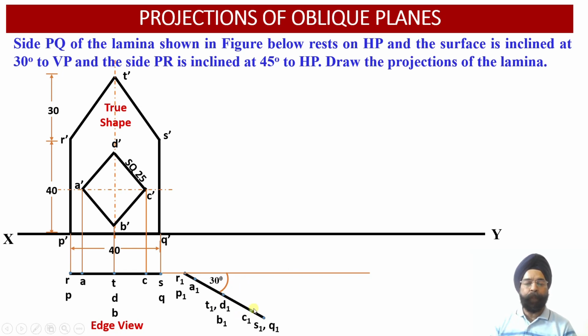So similarly, the point C1 will also be located. That is, the distance between R1, P1 and C1 will be equal to the distance between points RP and point C over here.